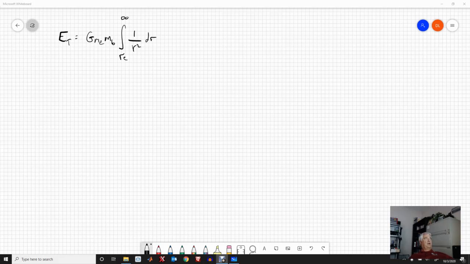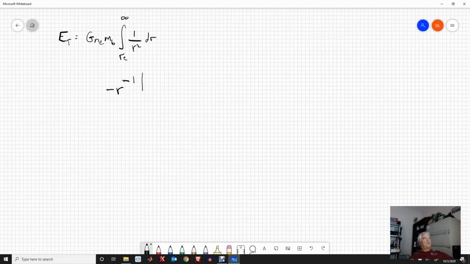You look at this element right here and you see that 1 over r squared is the same as r to the minus 2. And if we want to integrate that, we add 1 to the power, so it becomes minus 1, and we divide by the new power, which is minus 1. So this is the non-specific integration of this value.